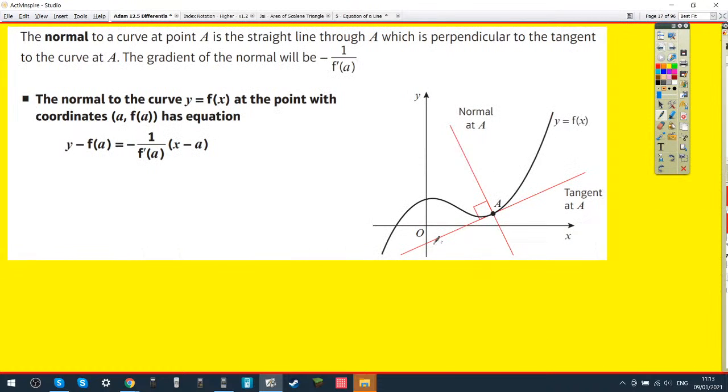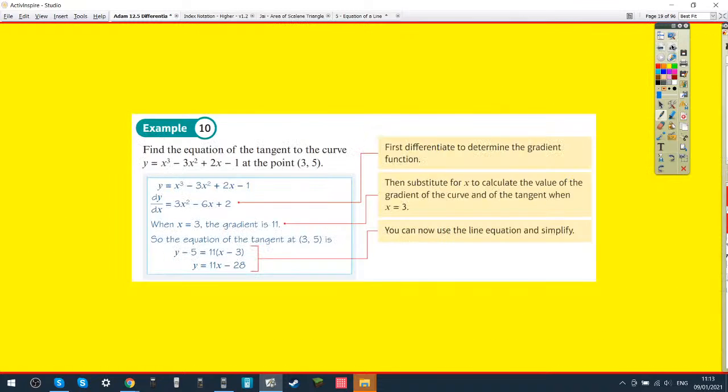Yes. So this is the tangent, and the normal is at 90 degrees, so it's directly head on. If the gradient of the tangent is m, then the gradient of the normal is minus 1 over m. So it's the negative reciprocal.